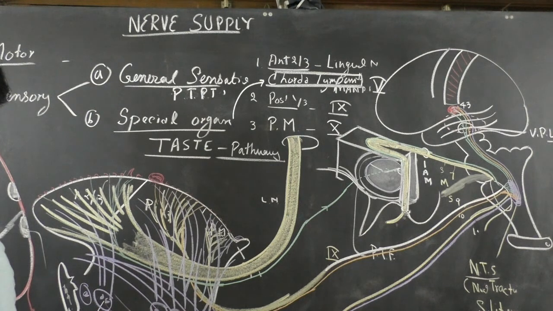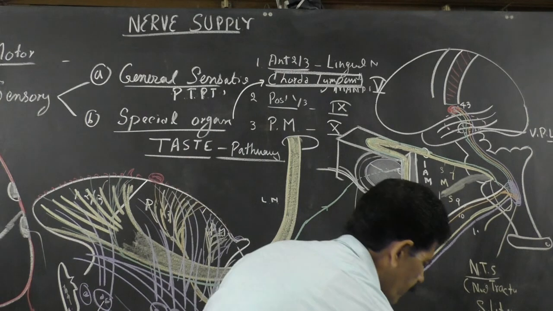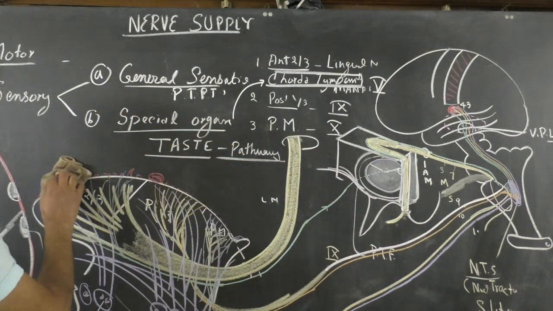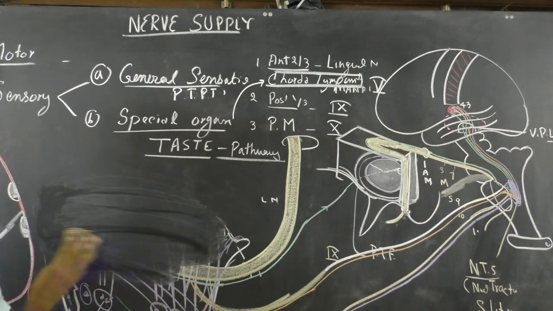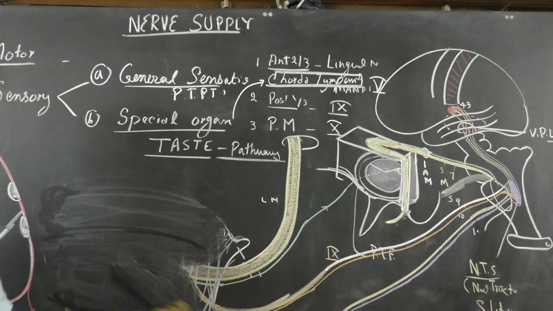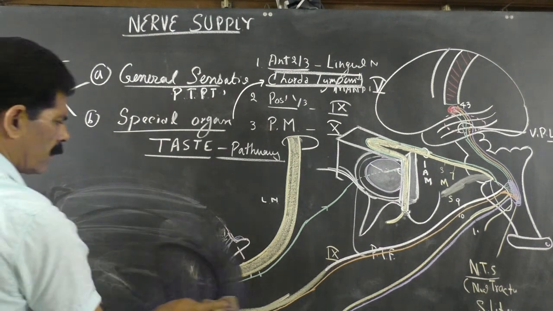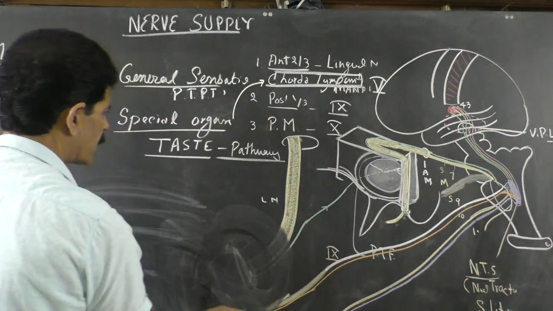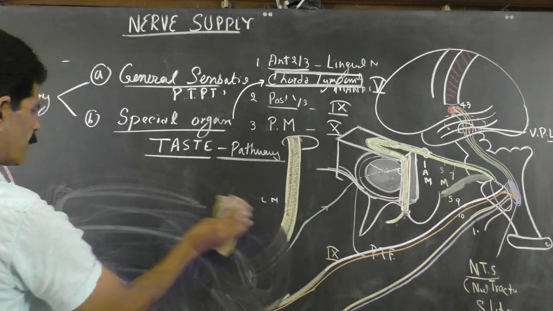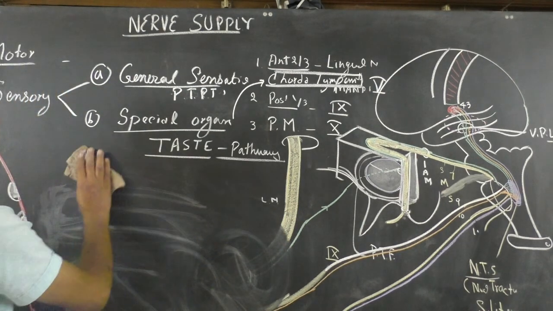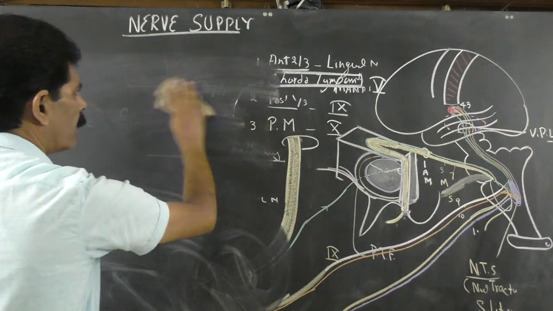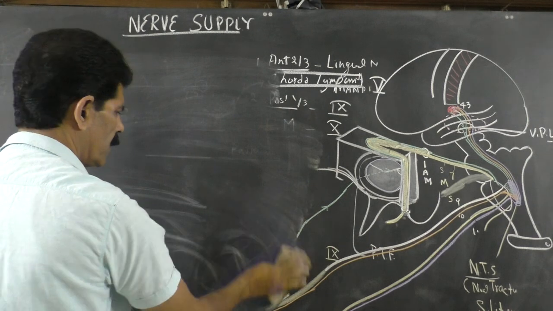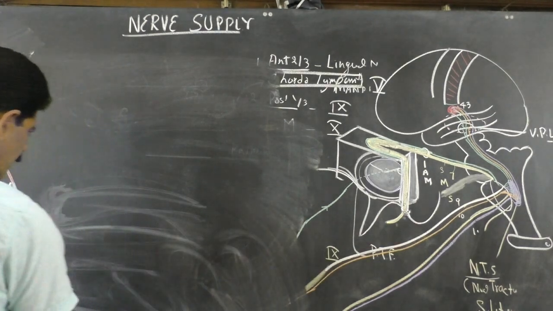So leukoplakia is a precancerous condition, regarded as precancerous due to excessive tobacco chewing or excessive cigarette smoking, or it may be due to a tooth ulcer.